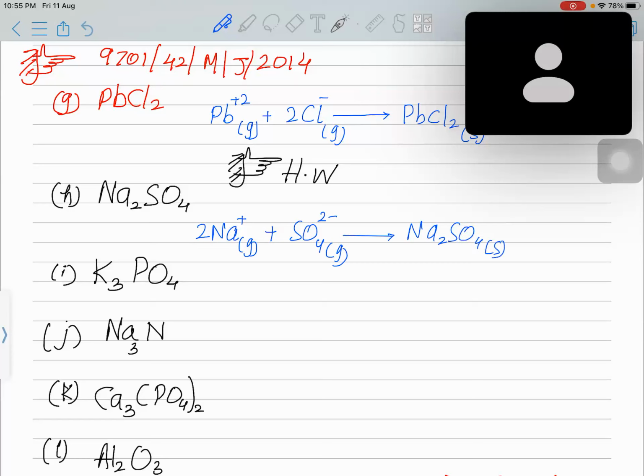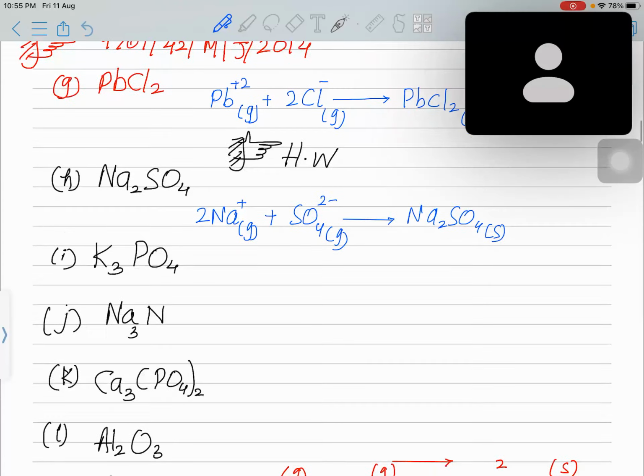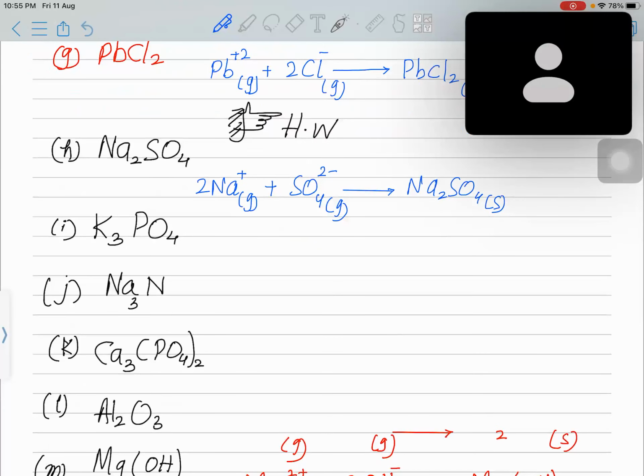Very good. Yes, Fahim, K3PO4. Sir, 3K+ gaseous and PO4 3- gaseous. Fahim, this is the first chapter, chemical energetics of A2 physical chemistry, right? Okay, sir. K3PO4 solid.